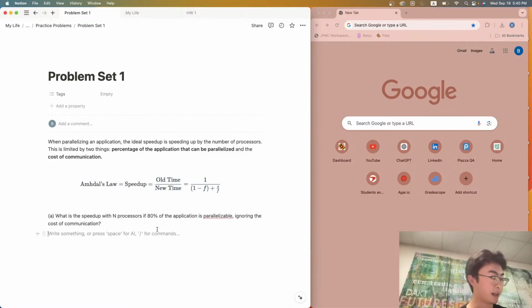Because in this case, S is the number of processors. Because maybe you're essentially doubling.